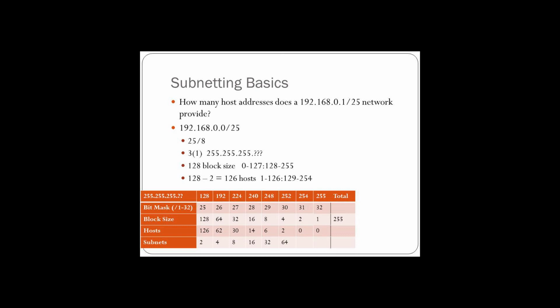Now we take the 1 bit remaining and we find the first bit's corresponding value in the chart to find out the block size. The block size is 128, meaning 2 subnets with IP ranges of 0 to 127 and from 128 to 255.